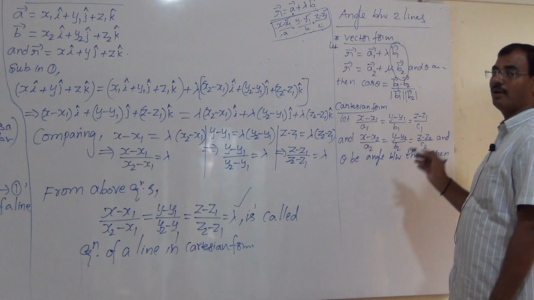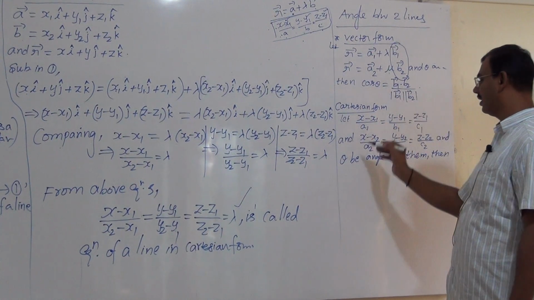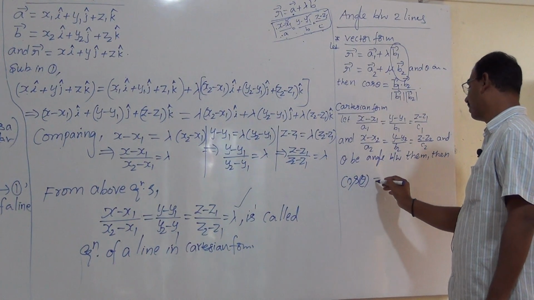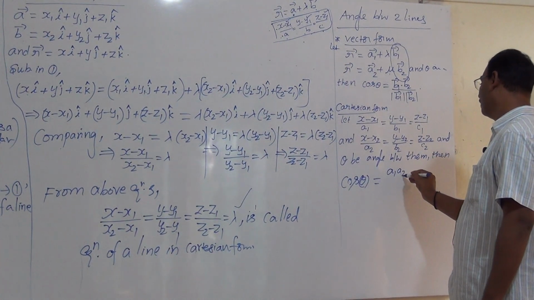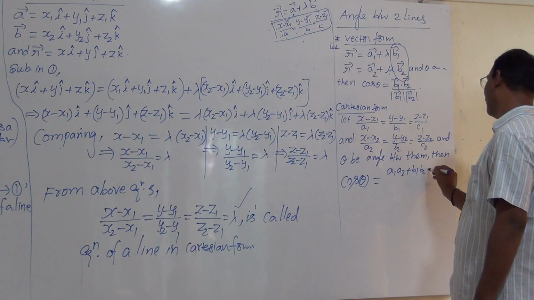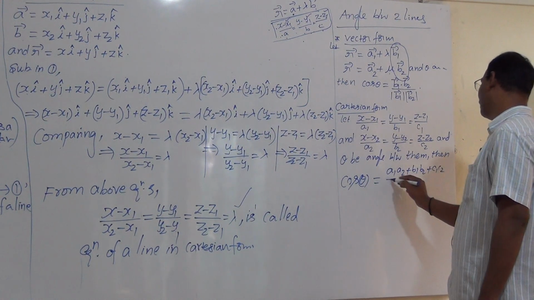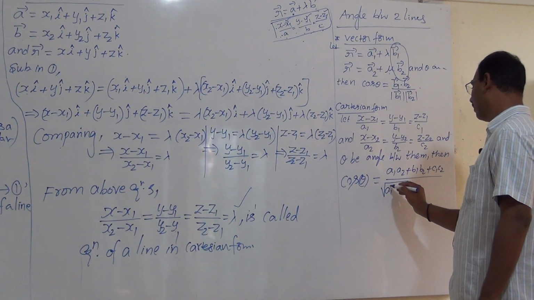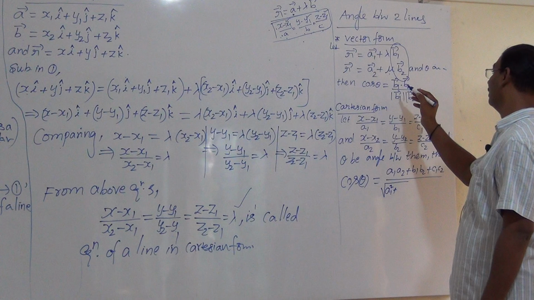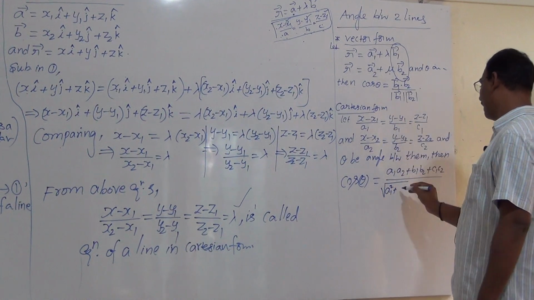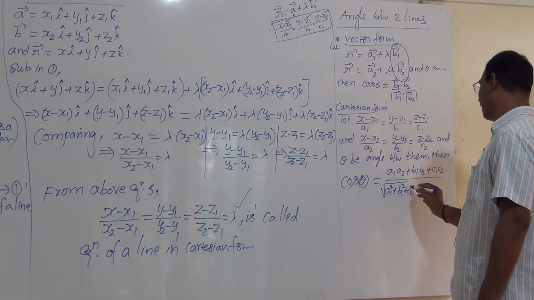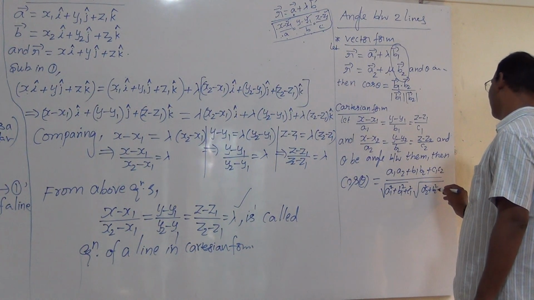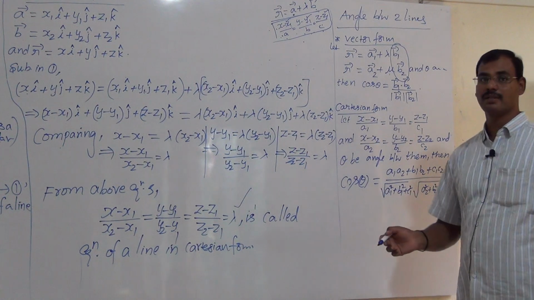Then what is the formula? Using the vector method, you just remember the formulas. Cos theta is equal to a1 a2 plus b1 b2 plus c1 c2 divided by the square root of a1 square plus b1 square plus c1 square into the square root of a2 square plus b2 square plus c2 square.